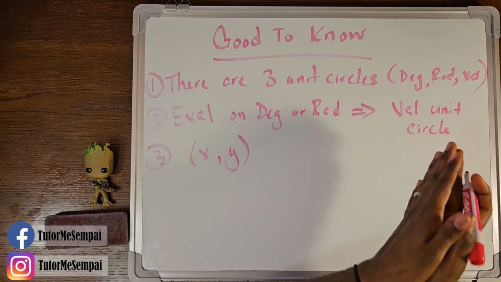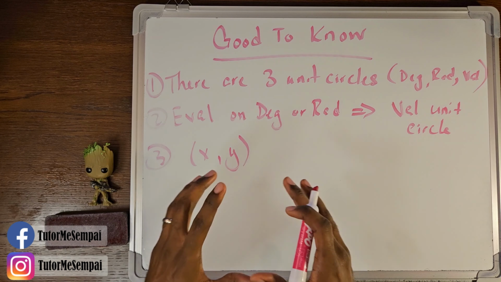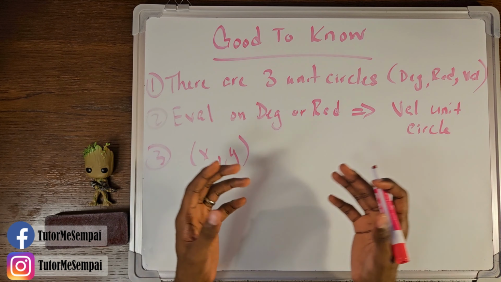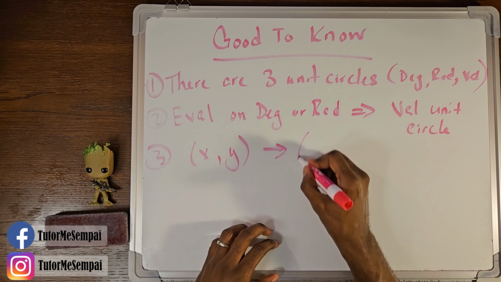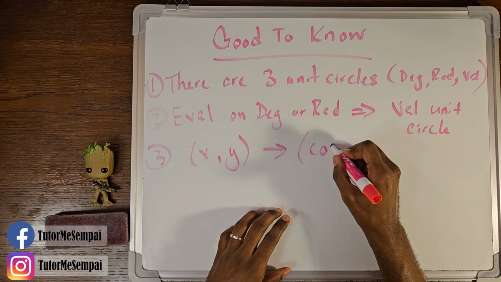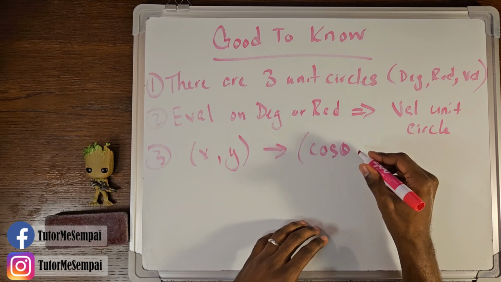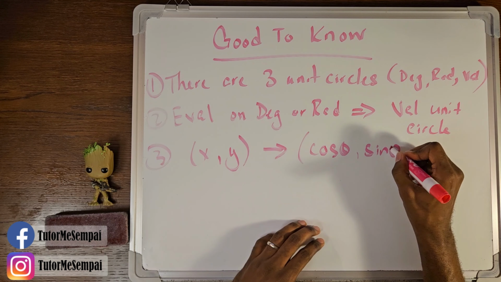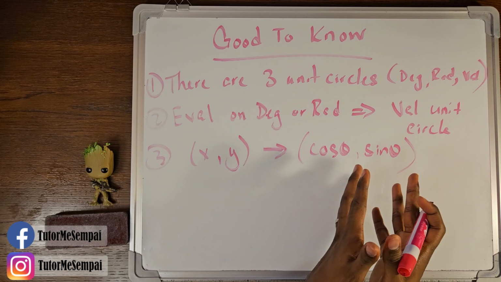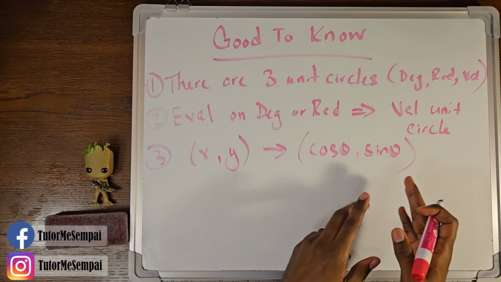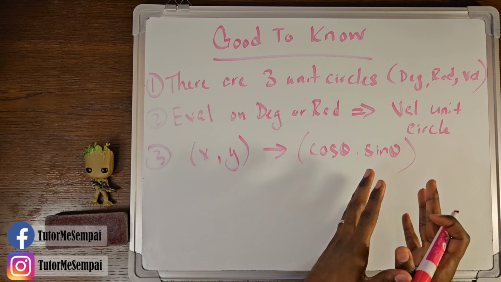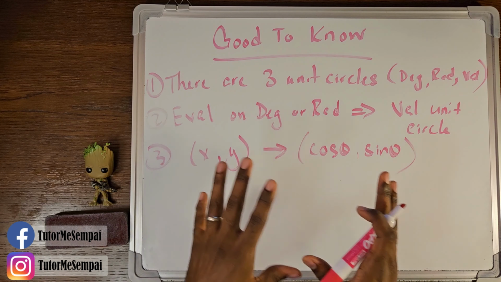However, when we have our value unit circle, we need to understand how we can read that with our trig functions, our sines and our cosines. What I'm going to tell you is going to be this way. You're going to write it with cosine first, cosine of something, sine of something. So every point on your value unit circle is going to have a cosine in the x coordinate and a sine in the y coordinate. That's how you can read your value unit circle.